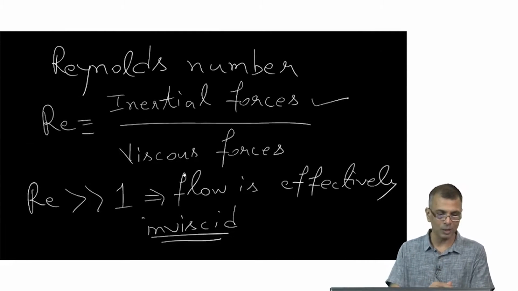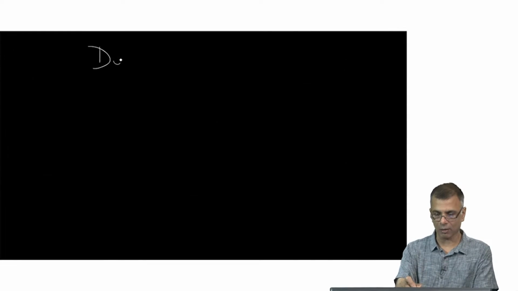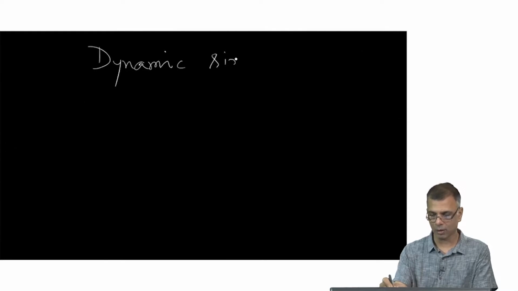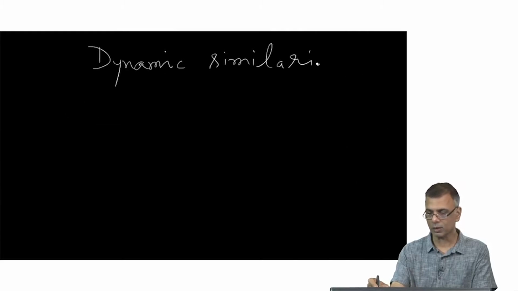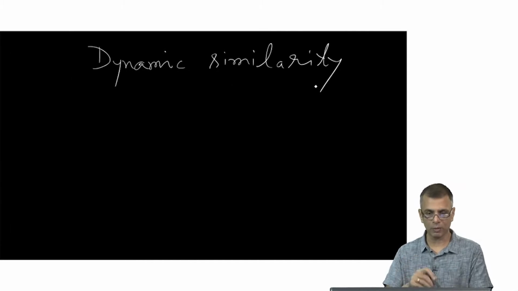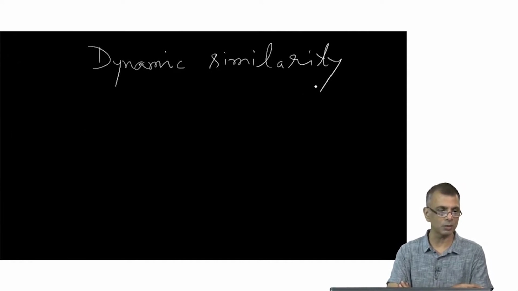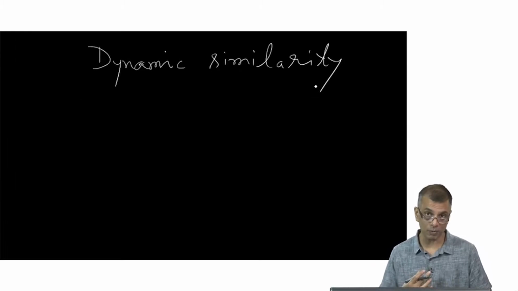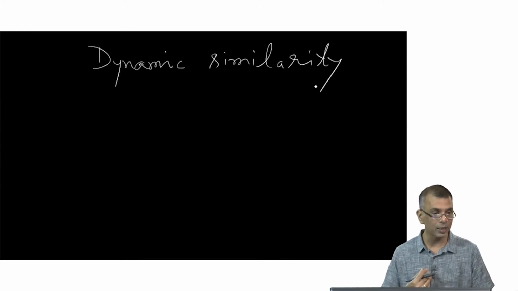When we met last, we also talked a little bit about dynamic similarity, and this is one very useful way in which the concept of the Reynolds number is applied.